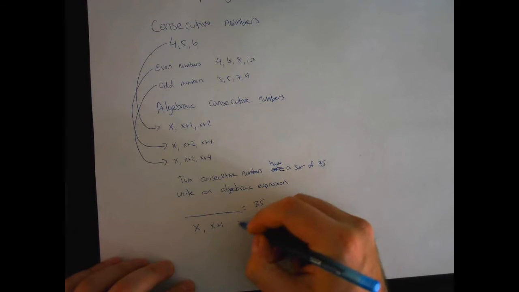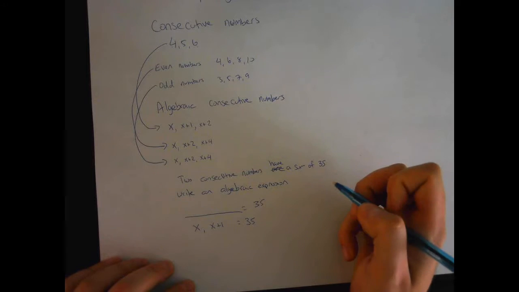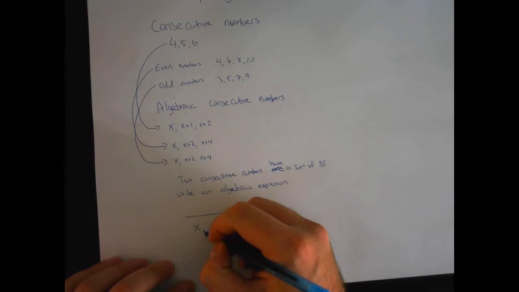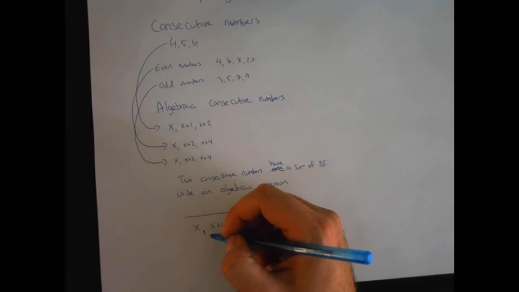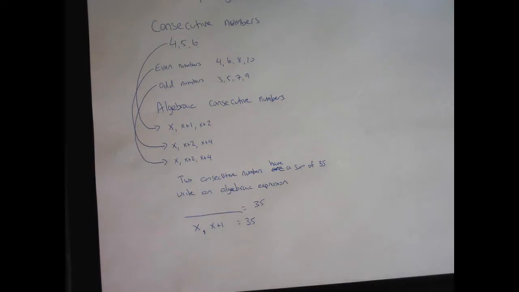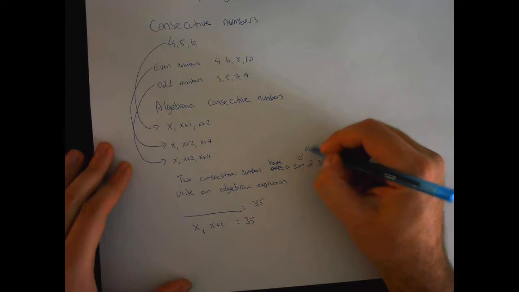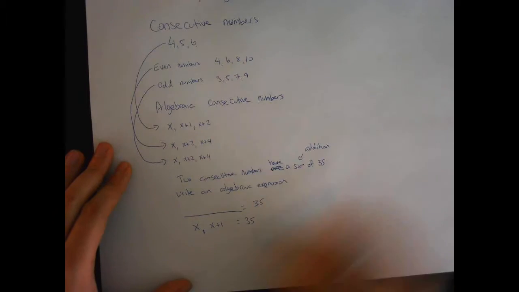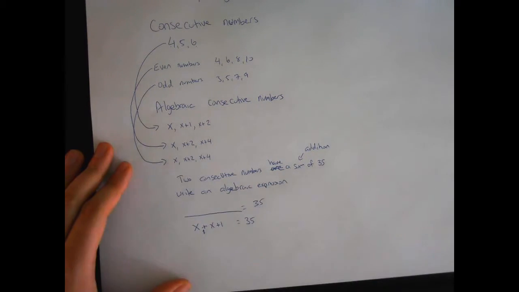So x and x plus 1 equals 35. Now when you're getting the sum of numbers, what operation are you doing? Addition. So sum is addition. That means we need to add these two.